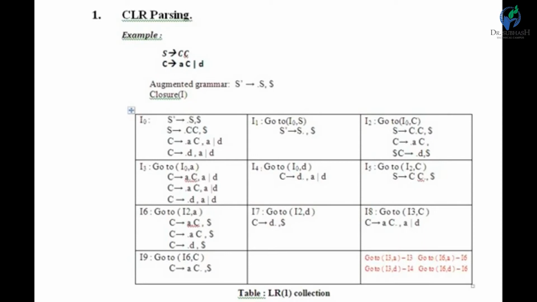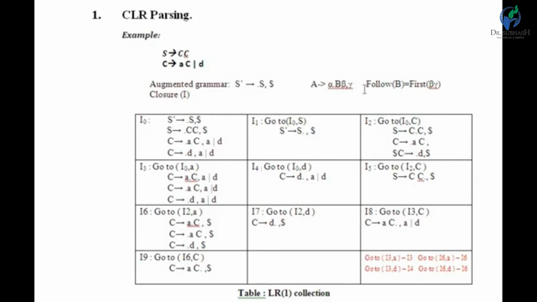How can you find it? For an item A gives alpha dot B beta, comma gamma, the look ahead of B is first of beta gamma.